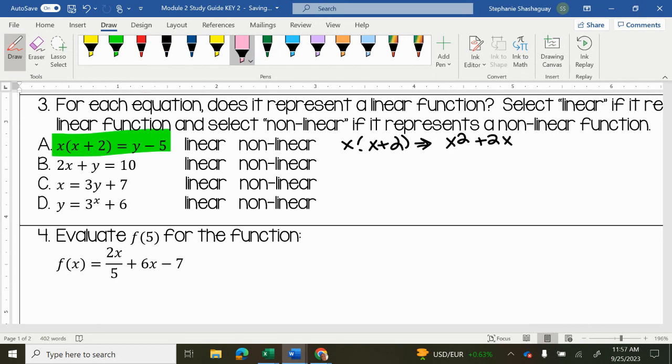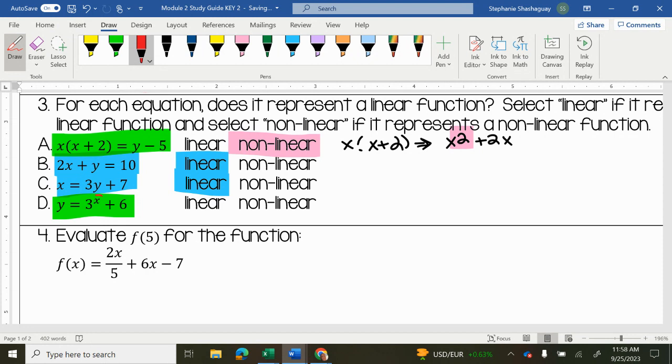And remember, anytime my variable or x has an exponent, it is a non-linear function. Now we have 2x plus y is equal to 10. That's linear. x equals 3y plus 7. That's also linear. And then we have y equals 3 to the power of x plus 6.